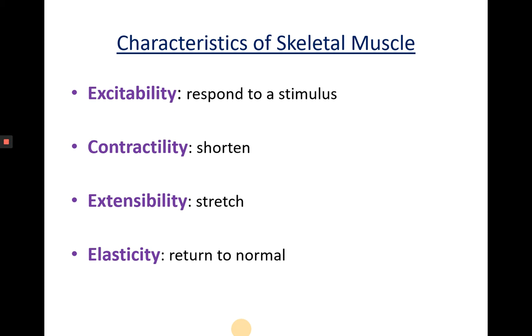So you want your muscles to respond quickly to a stimulus so that the nervous system will give it that appropriate response. So if you remember when we were talking about the nerve receptors in your integumentary system, you have those touch receptors we talked about, for instance, your Pacinian corpuscle and your Meissner's corpuscle.